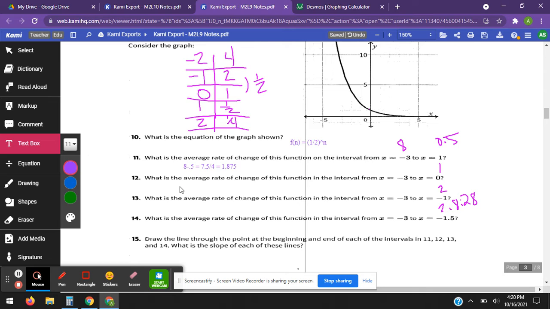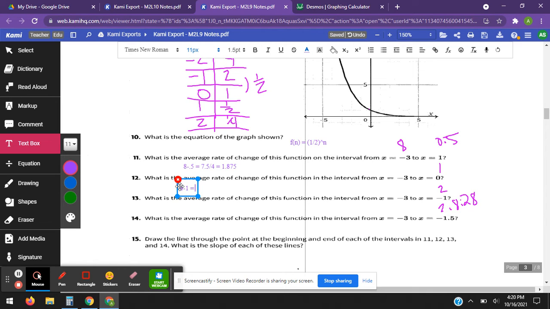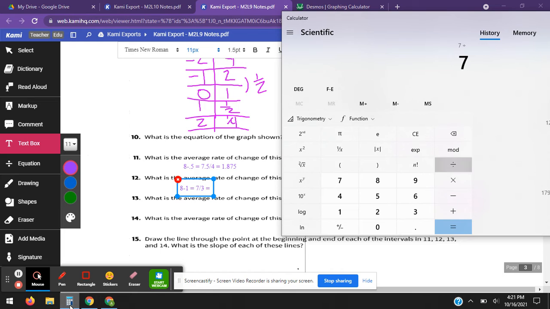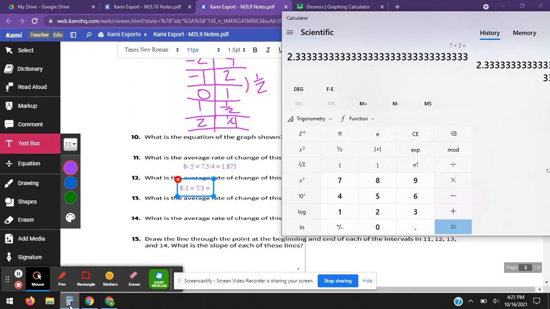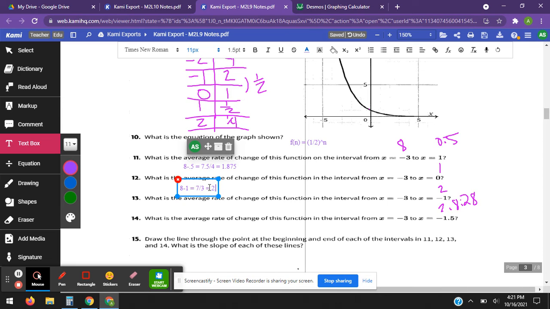Okay, so now for this one, I'm going from 8 minus 1, which equals 7. This time I need to divide by going from -3 to 0, sorry. 1, 2, 3. So that's divided by 3. And so that's going to equal 2.3 repeating, and we'll just round.